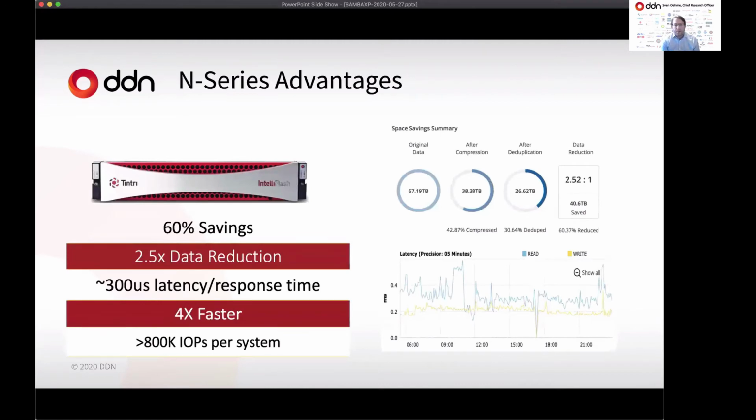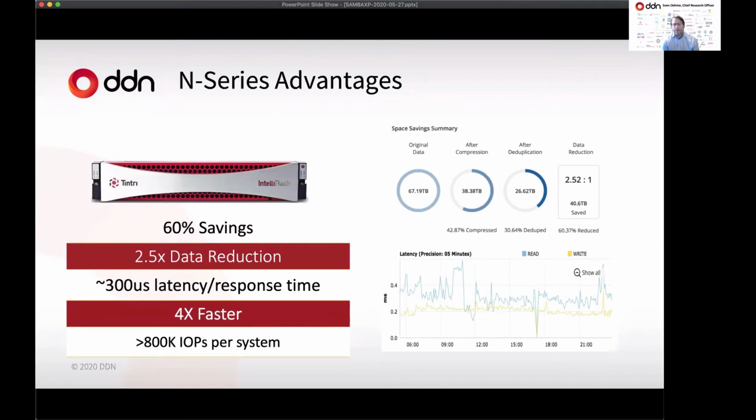It has built-in compression and dedupe, which makes it very space efficient. Typically people see around 60% savings, 2.5 times data reduction with production workloads, and all of that with super low latency because everything is inline and turned on all the time.